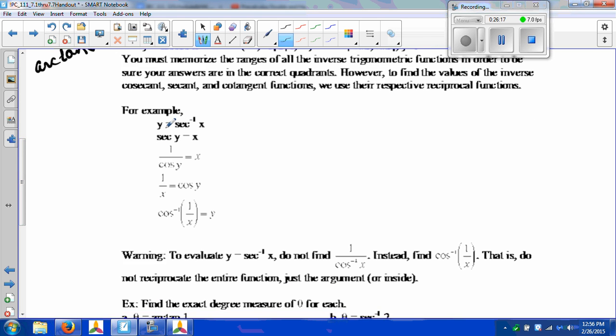Well, first, I'm going to use the definition of inverse, which says that if y, or theta, is the arc secant of x, then the secant of theta is just x. In other words, I am taking the secant of both sides.